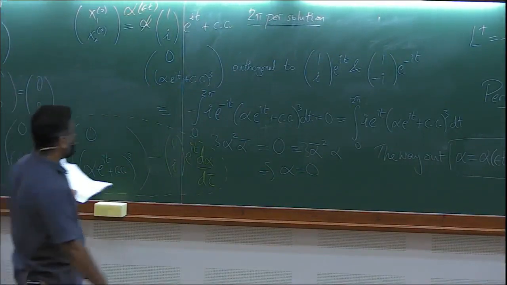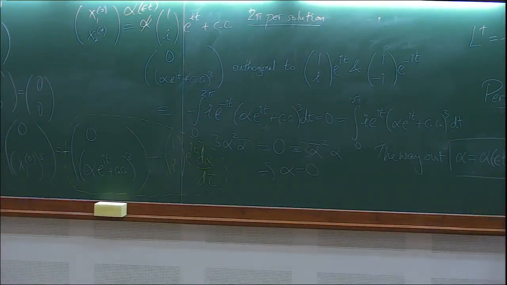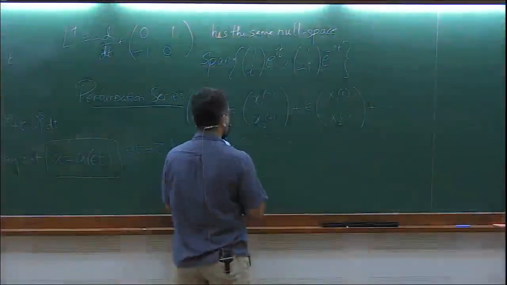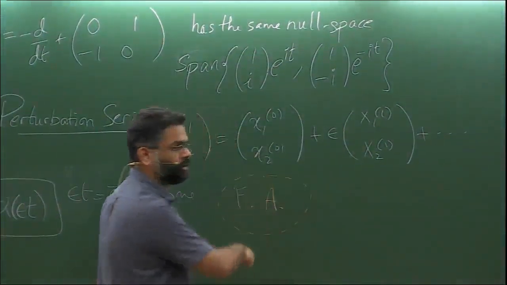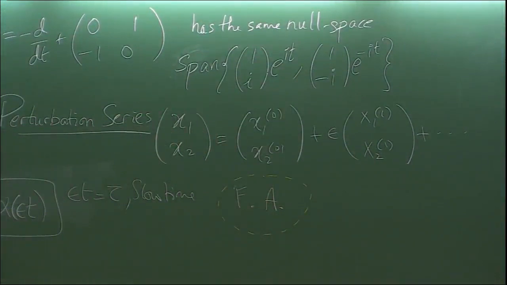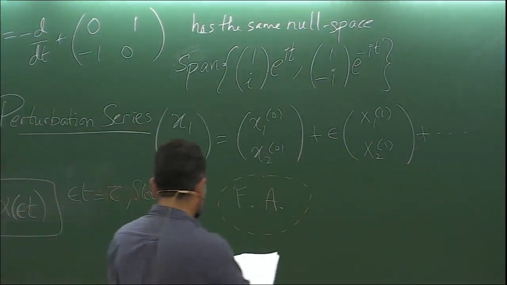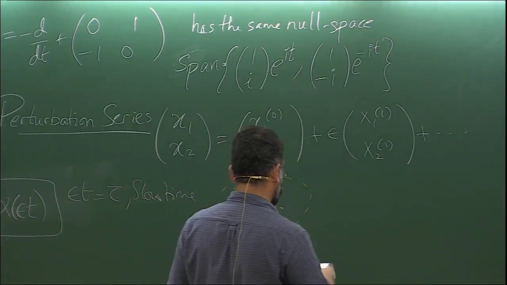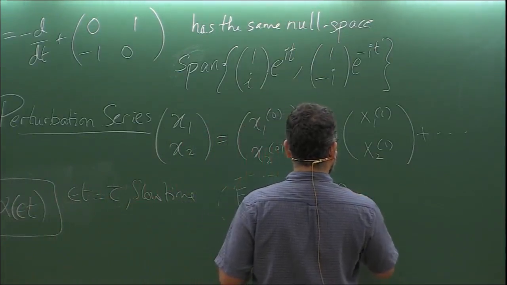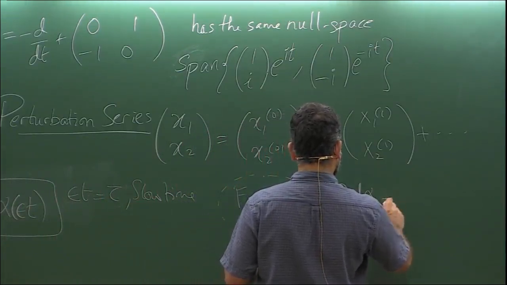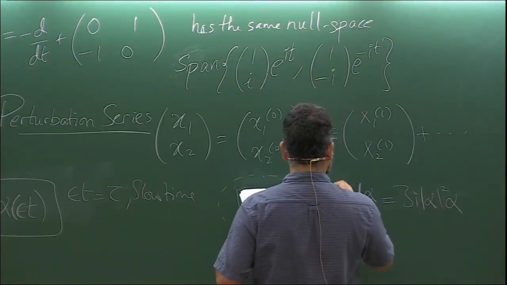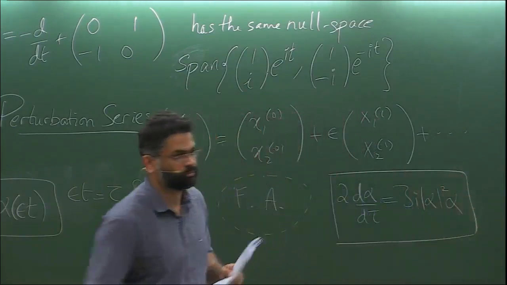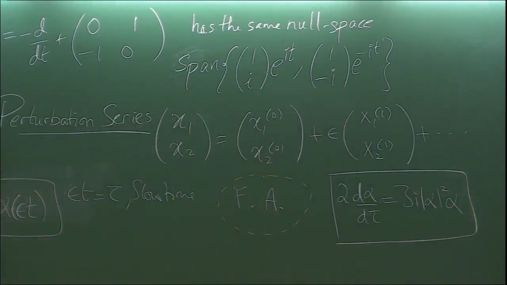Okay, so now when you apply the orthogonality condition, the Fredholm alternative applied to the thing in the yellow circle now gives me 2 d alpha d tau is 3I alpha squared alpha. Okay, I'll leave that. It's in the notes. Leave that for you to check.